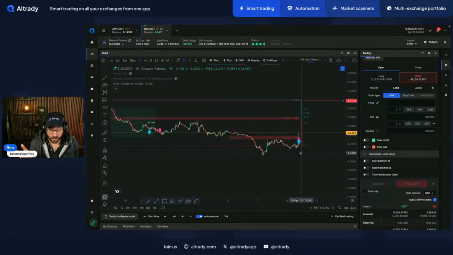Your entry is anywhere that gives you a 3 risk reward ratio, with a little bit of checking on the candles, like fair value gaps, otherwise just a shift if you want to keep it easy. Then you set your take profit somewhere in a point of interest that gives you at least a 3 risk reward ratio. You can play with those numbers a little bit, but they're fairly fixed.